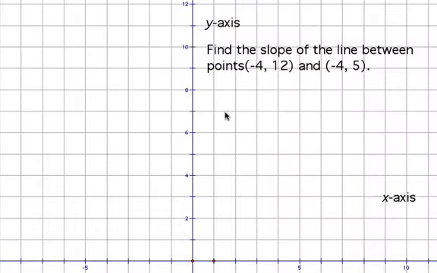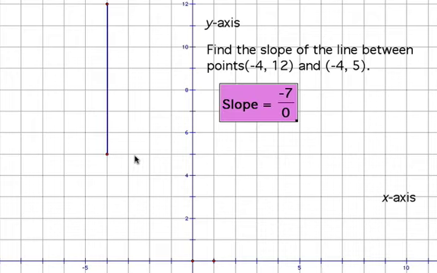So on a graph, we're first going to plot the point (-4, 12). So negative 4 and up to 12, and plot the point. And (-4, 5), plot that point, draw the line between the two. And you'll note that here we have a rise of negative 7 and a run of 0 because we're not going left or right. There is no run.